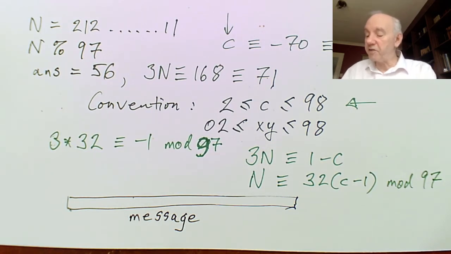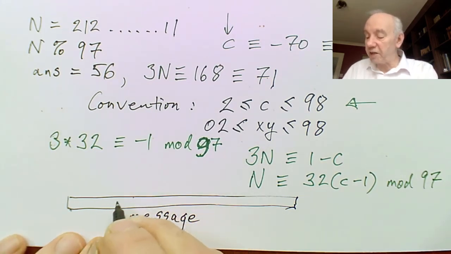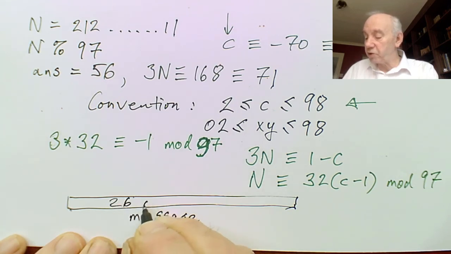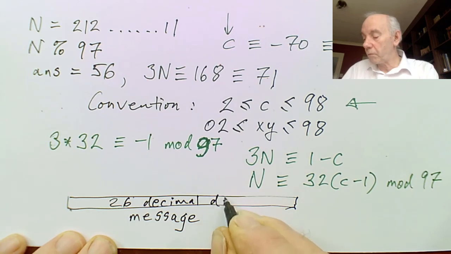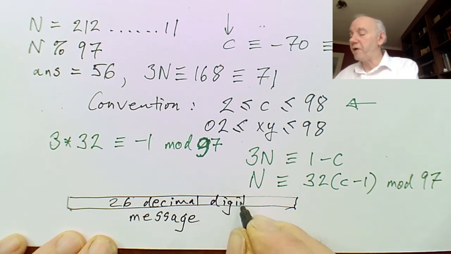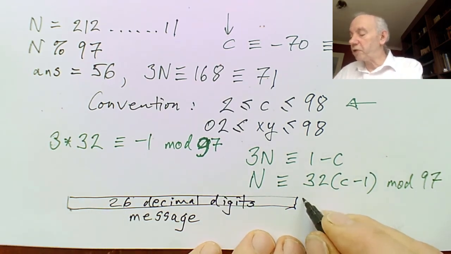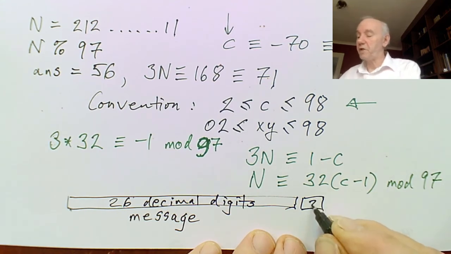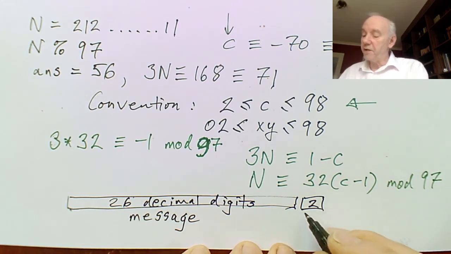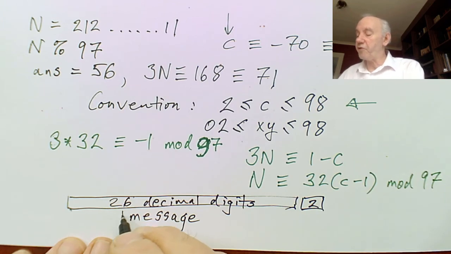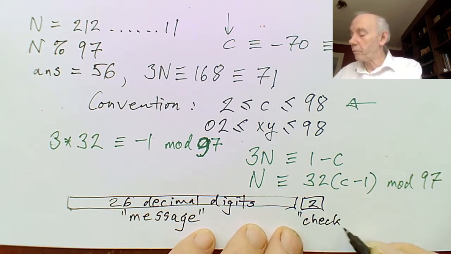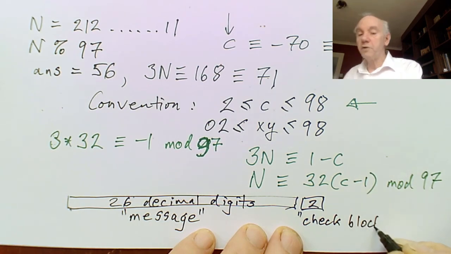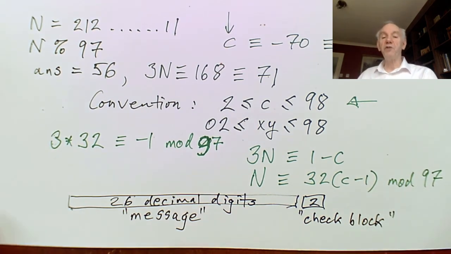So that gave us a message with 26 decimal digits, to which we found the 2 check digits. So we can call this part the message, and this part here I call the check block. It's more than 1 digit because here there were 2 digits.